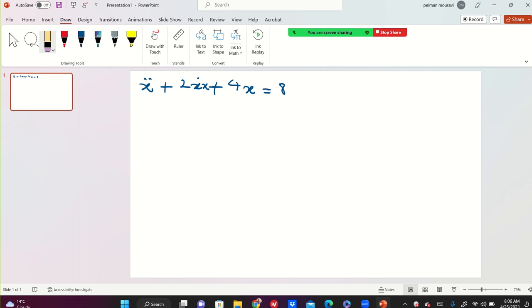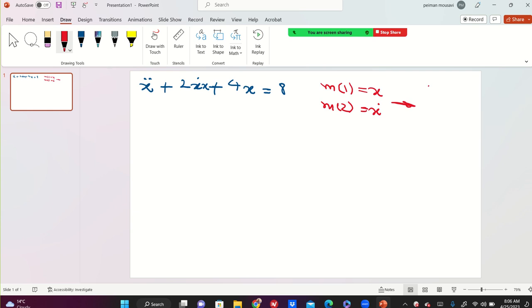Having that, now you know that we can go to state space. Now you're expert of that. m1 is x and m2 is x dot.